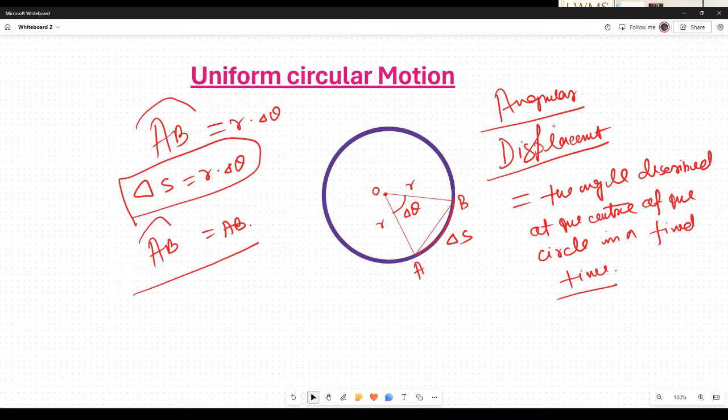This is angular displacement. What is the linear displacement? Linear displacement in this time.